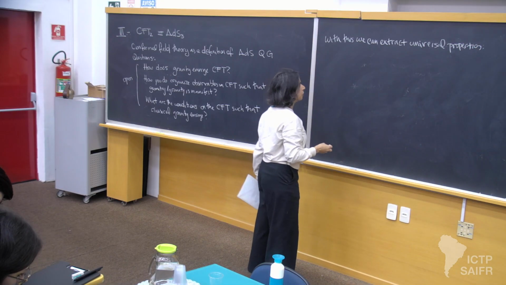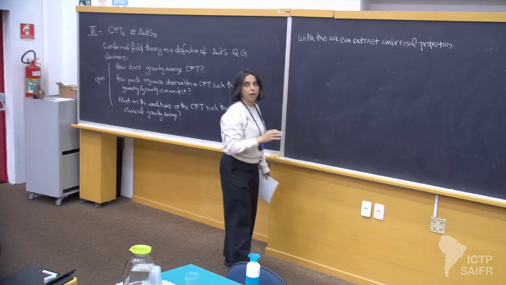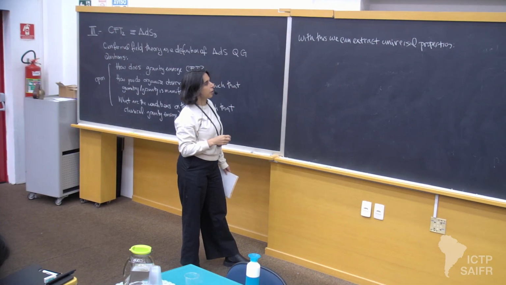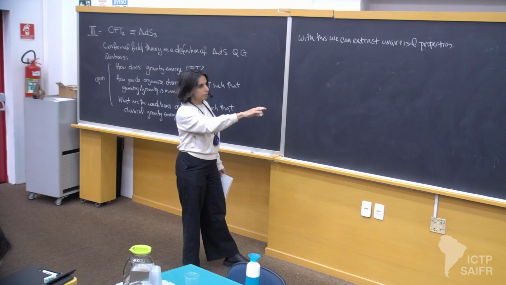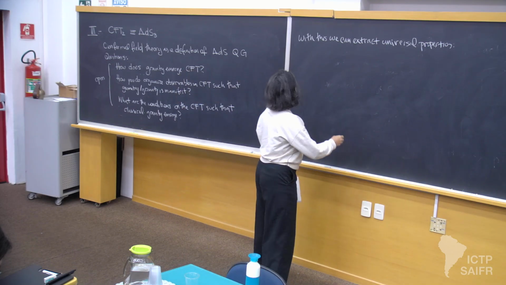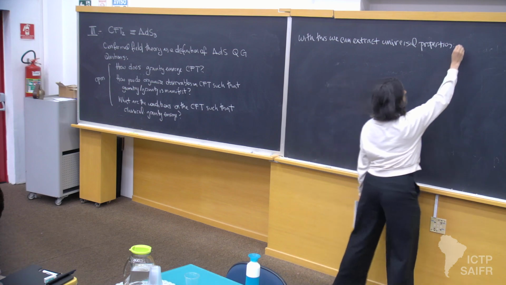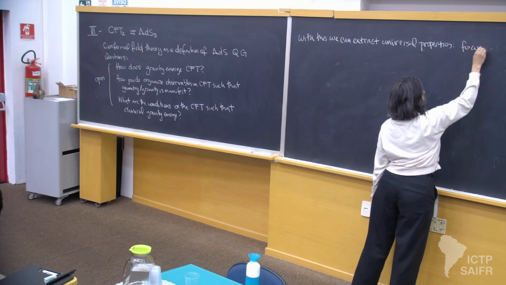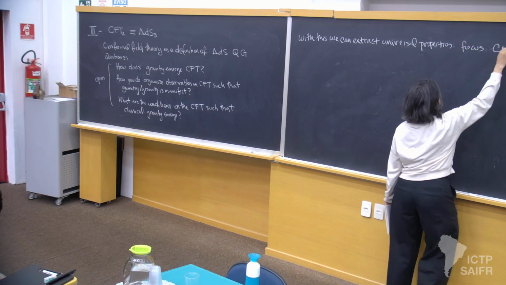I'll list many observables that you can constrain with just those symmetries, but the one that I will focus on is what's called the Cardy formula.